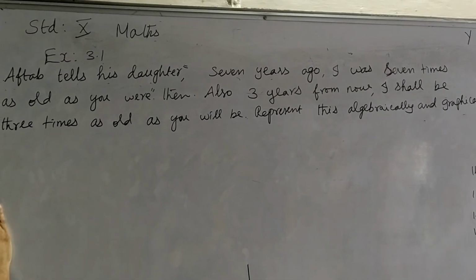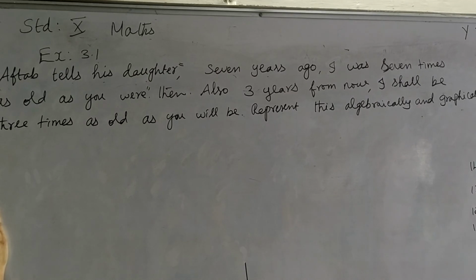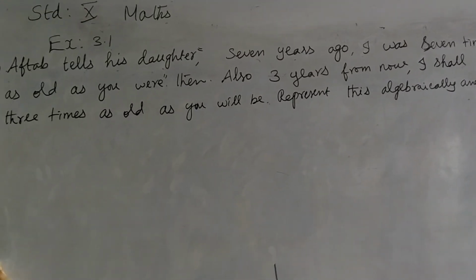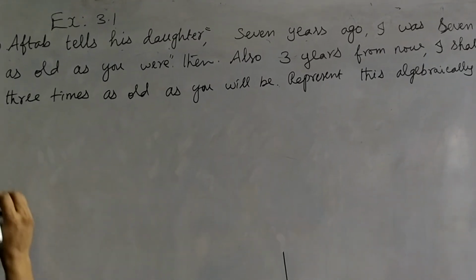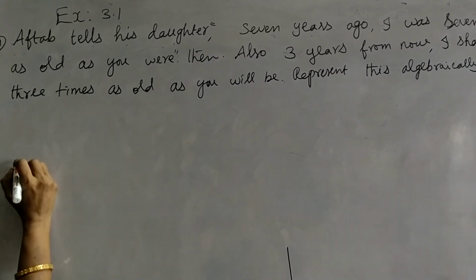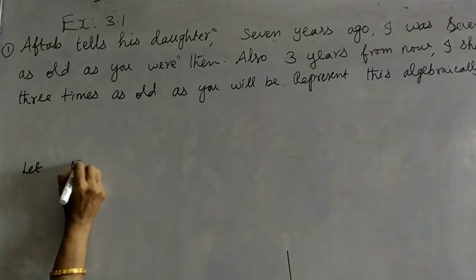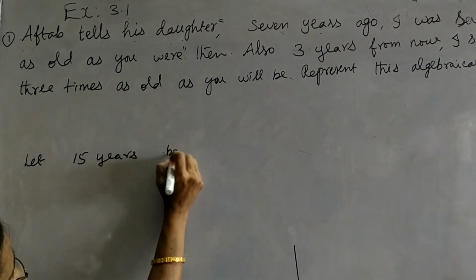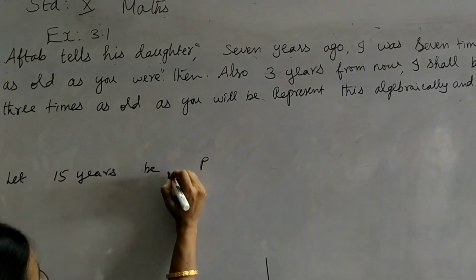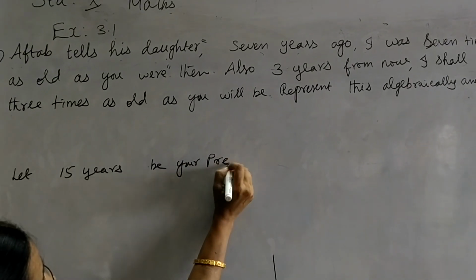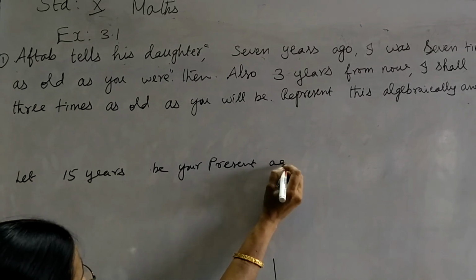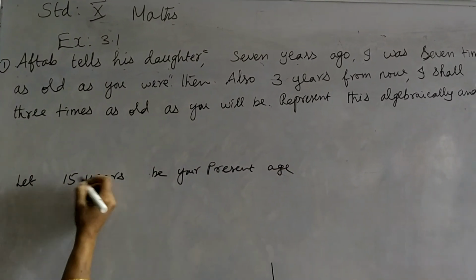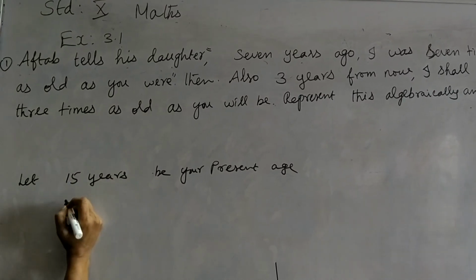Before we deal with this, we understand with an example how to calculate age before and age after when we know the present age. For example, let 15 years be your present age. I have taken your age as the present age. Suppose I ask you, before 10 years, what was your age?